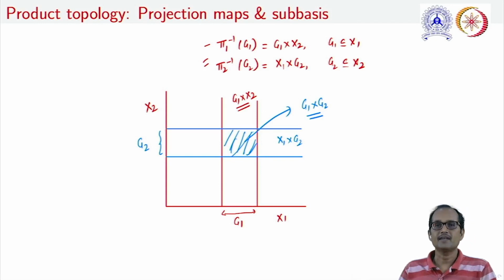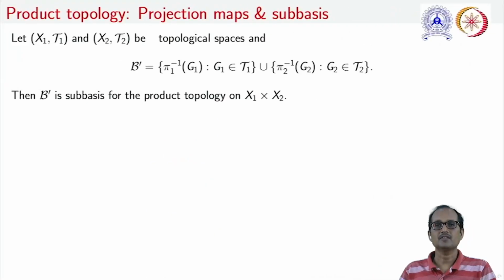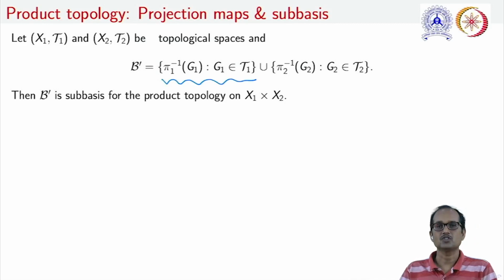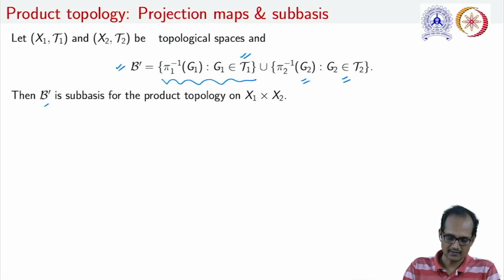Now, having this idea in mind, let us see how a set becomes a sub-basis for the product topology. Actually, the set is given by the union of two collections, that is two sets. The first one is pi1 inverse G1, where G1 belongs to tau 1, and pi2 inverse G2, where G2 belongs to tau 2. If we take this collection as B dash, we can justify that this B dash is a sub-basis for the product topology on X1 cross X2.